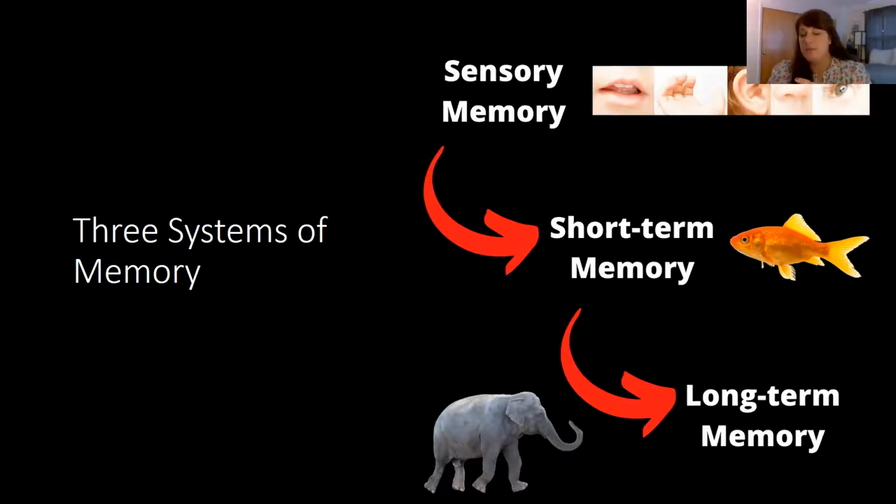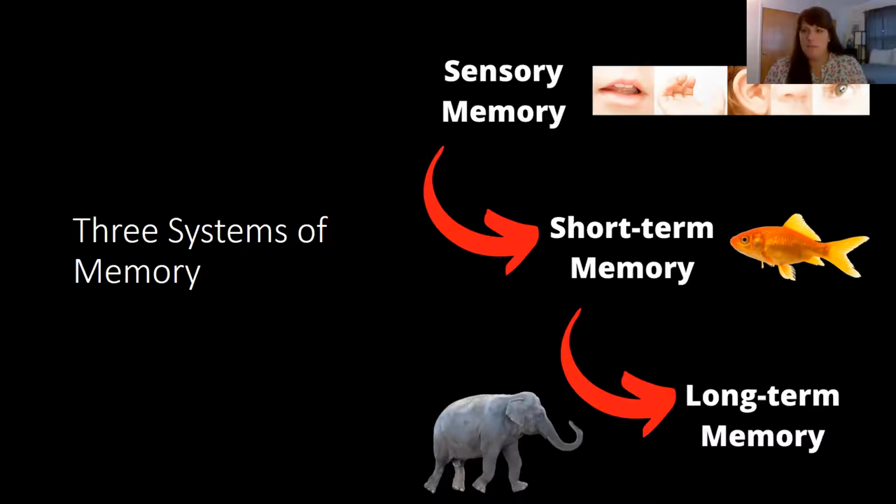And then duration, in terms of how long each one can be held. So sensory memory can only hold things really briefly, for about 2 to 10 seconds. Short-term memory can only hold information for about 10 to 30 seconds, which is surprising, because I think a lot of times we talk about short-term memory as if it's something that happened to us yesterday.